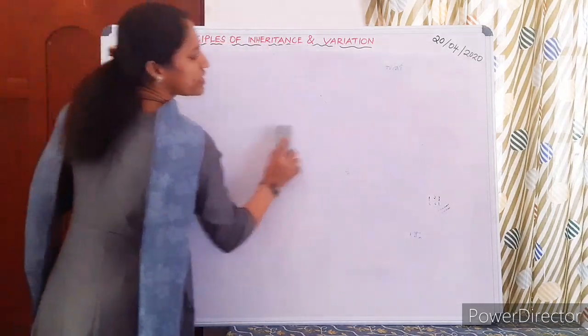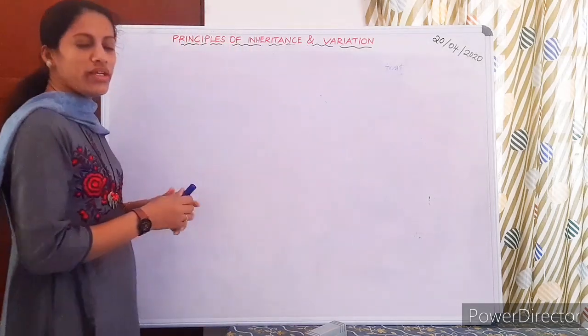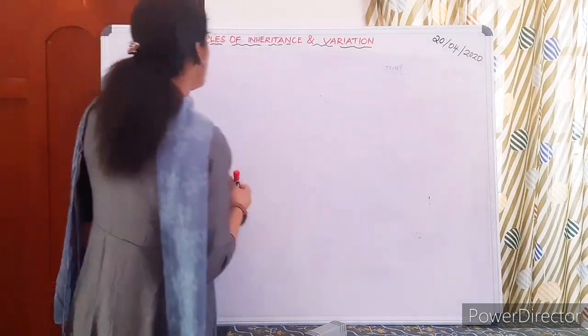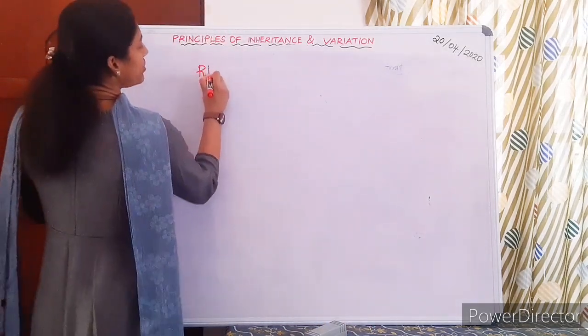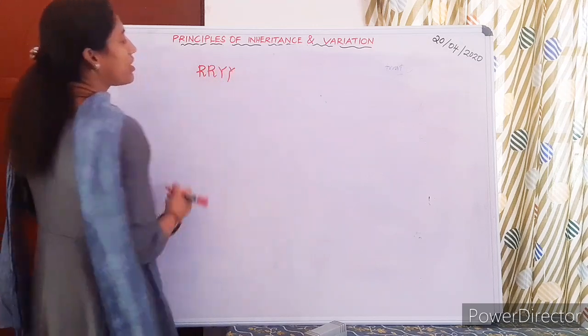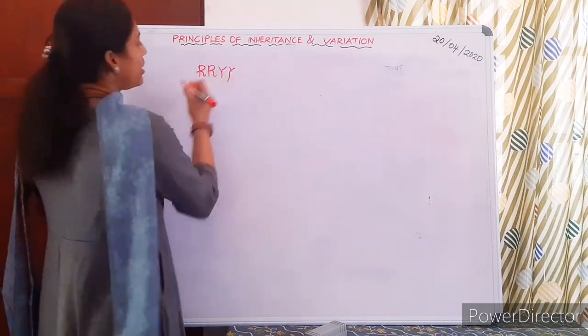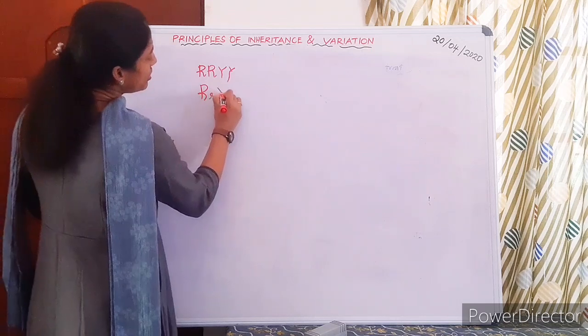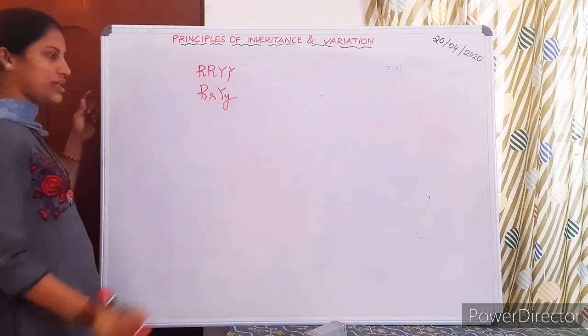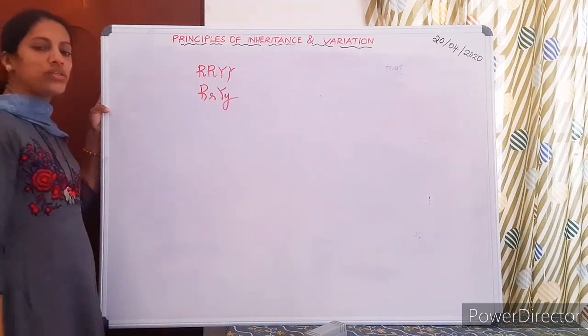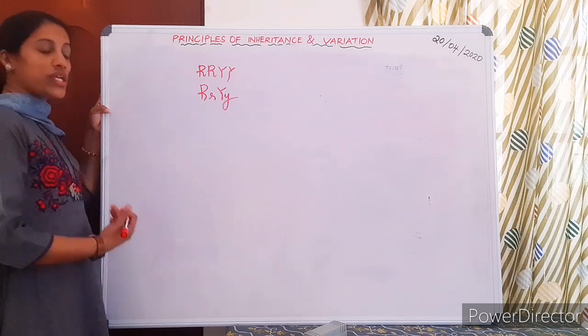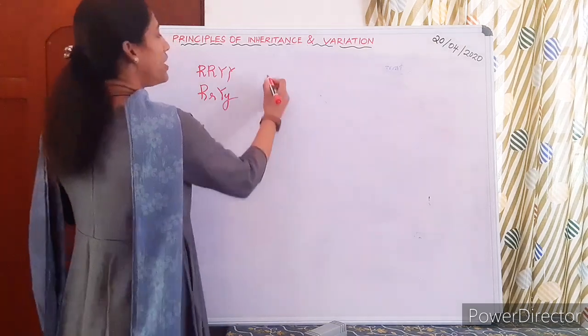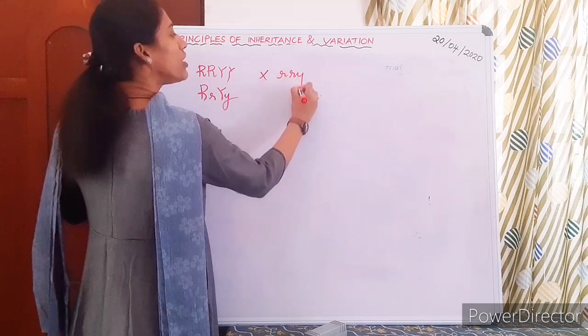And if it's a dihybrid test cross, how will we use the same symbols? The same case, the previous example we used, the RRYY case. If it is either this case or this case, how will you understand whether it is homozygous or heterozygous? In a test cross we cross it with what?